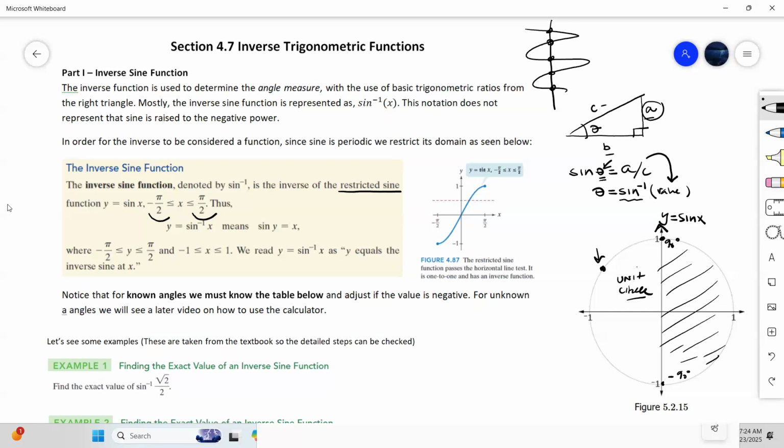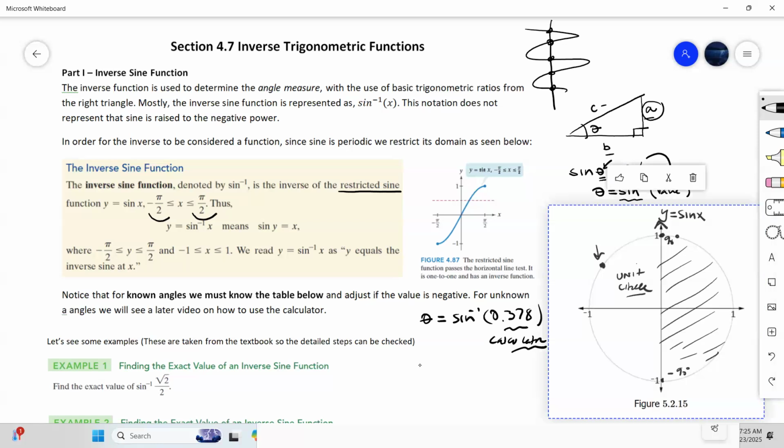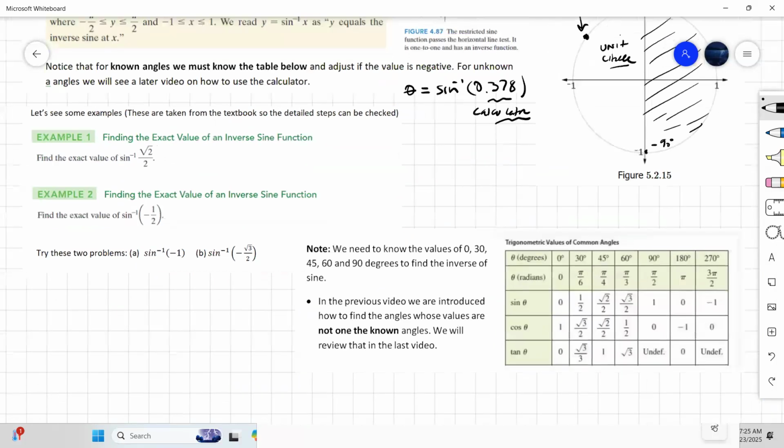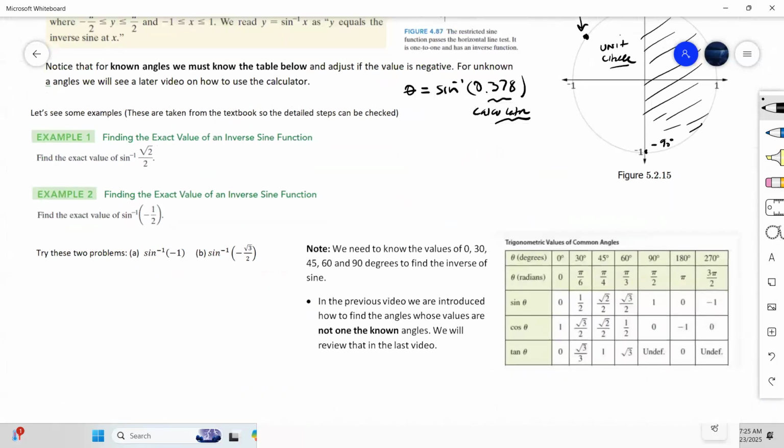Okay, so one of the issues, as we discussed in the previous video, is that if we give you a question where you have to find the angle of some weird value, we cannot memorize every single angle. So this needs to be done with the calculator, okay? But values of known angles have to be memorized, okay? We have absolutely no option in that. This is the way we do things in mathematics. Now, I told you about this table before.